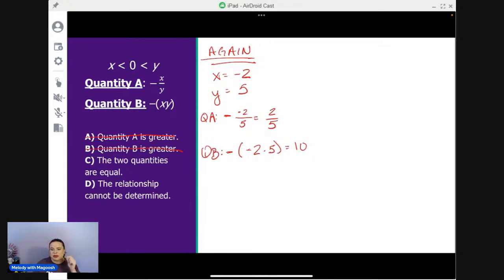What's important is we prove the relationship is not always C. So if the relationship between the two ever changes at all, then you pick D. And we can confidently, absolutely choose D and get the point here. We have proven that the relationship cannot be determined. In other words, the relationship between the two changes.